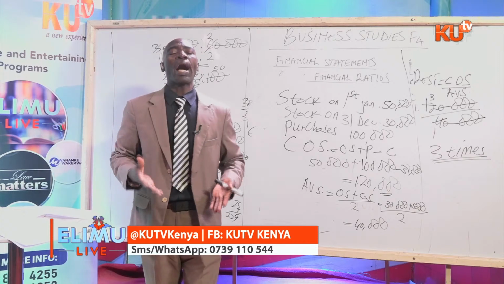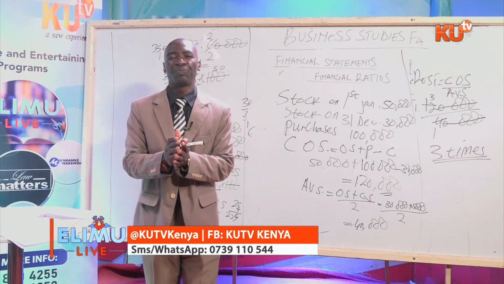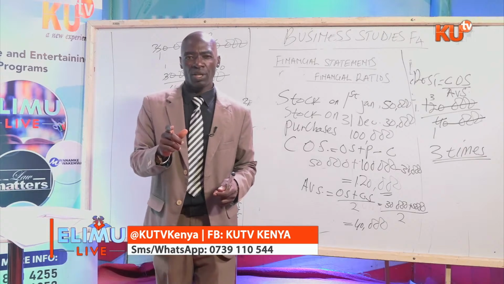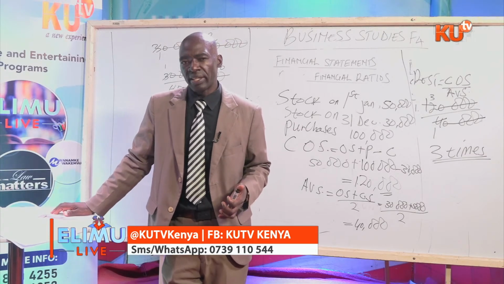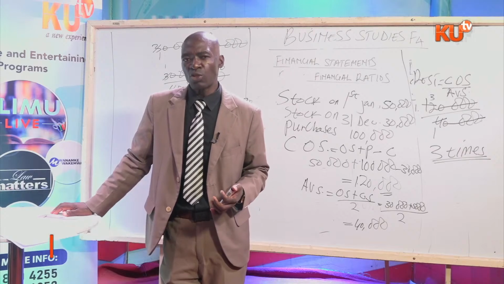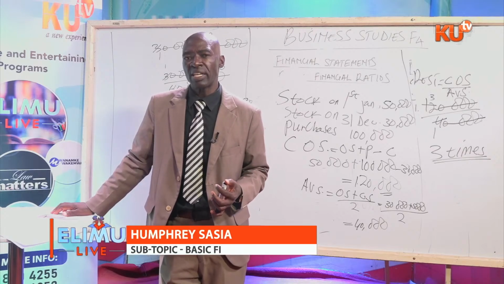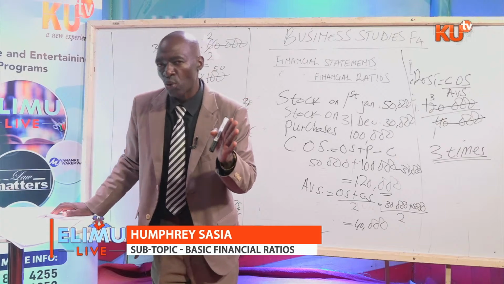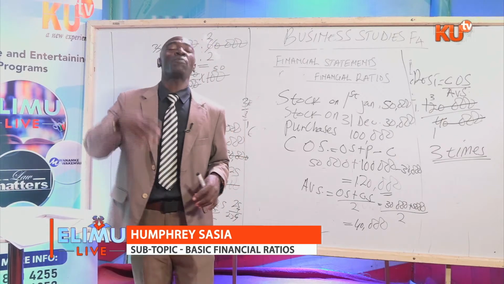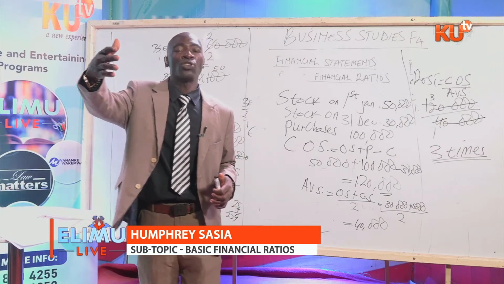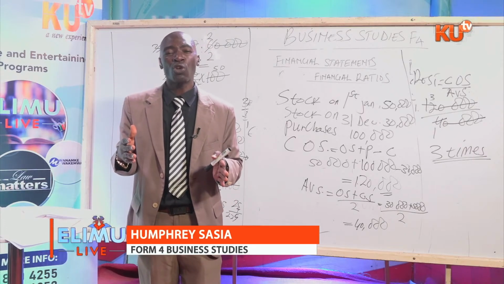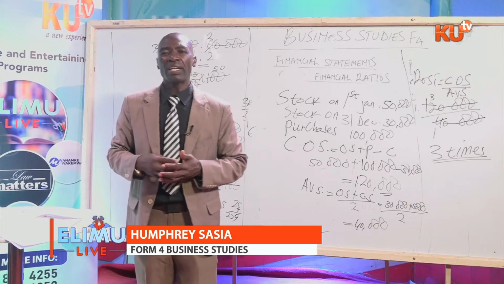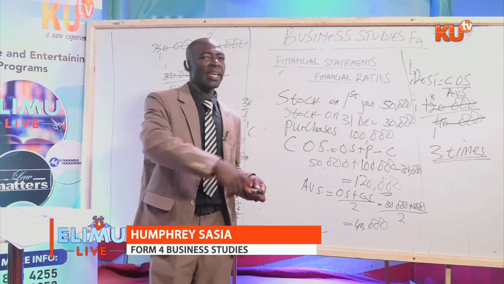Outwards means out of the business. For example, if you purchased stock for selling, and you bring it to your business premises and realize that a particular part of that stock is unwanted, you take it back to the supplier. You are giving this stock back to the supplier. That is what you call returning out.